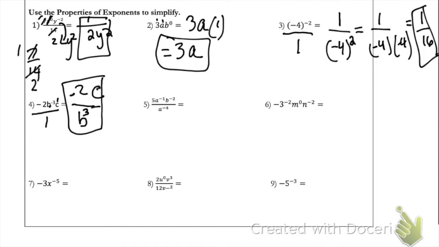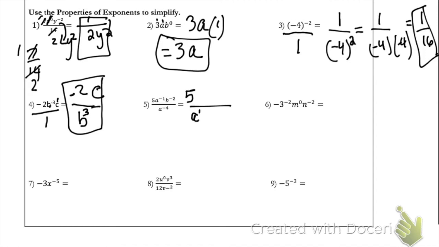Number 5. I have 5a to the negative 1, b to the negative 2 over a to the negative 4. Okay? So I can move some things around, right? At this point, you know the 5 stays where it is. I'm going to do the numerator first before I move anything from the denominator. So I have a 5. That a to the negative 1 will be moved to the denominator, so now it's a to the first.